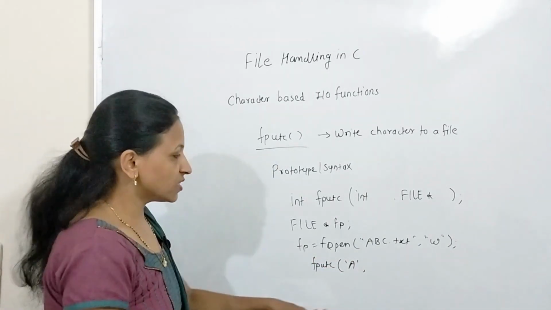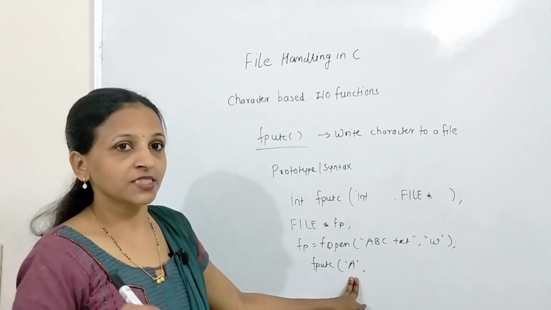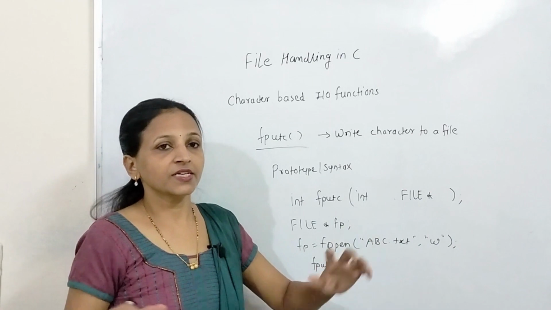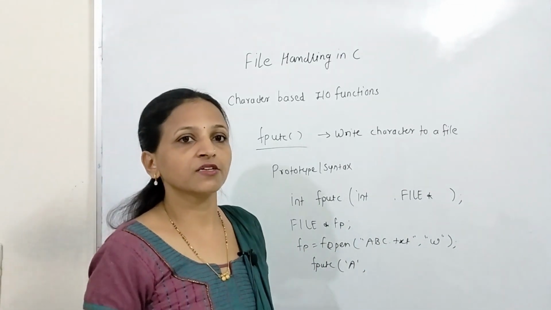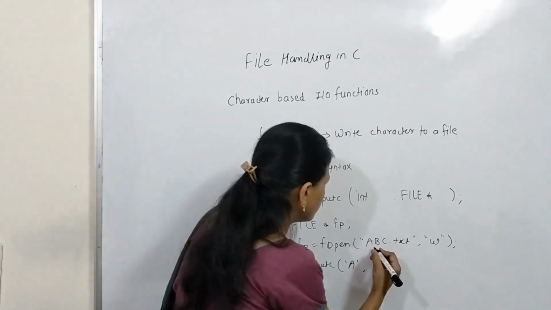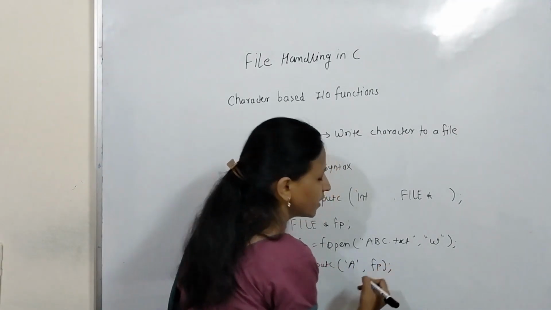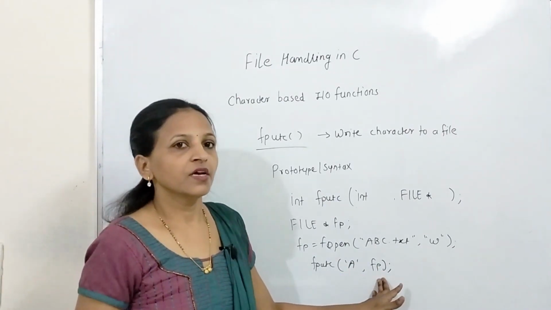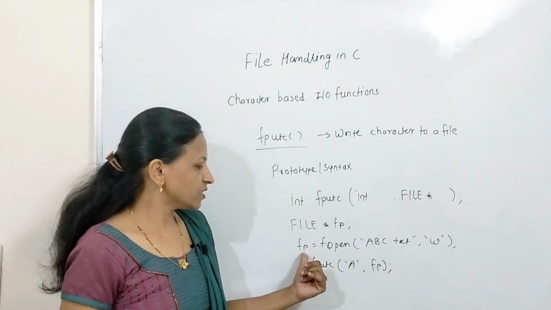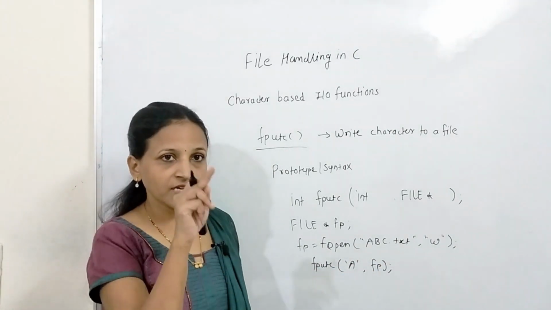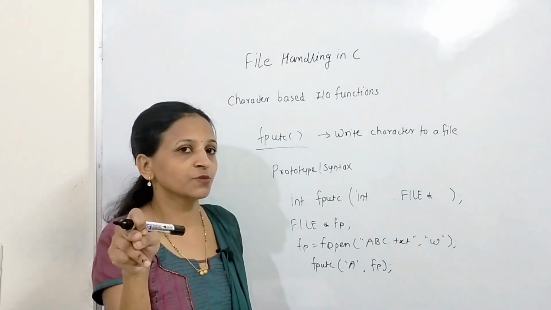I have passed this character in single quotes, or you can declare a character variable, accept the character from the user, and pass that variable here. Then fp. Here the character 'a' will be written inside abc.txt, and the pointer will move on to the next position.